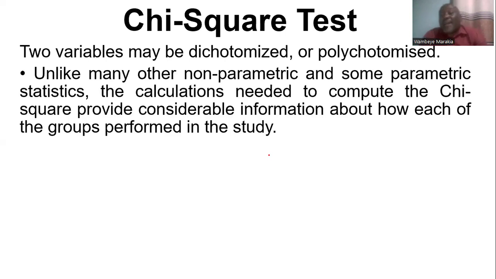Unlike many other non-parametric and some parametric statistics, the calculation needed to compute the chi-square provides considerable information about how each of the groups performed in the study under consideration.